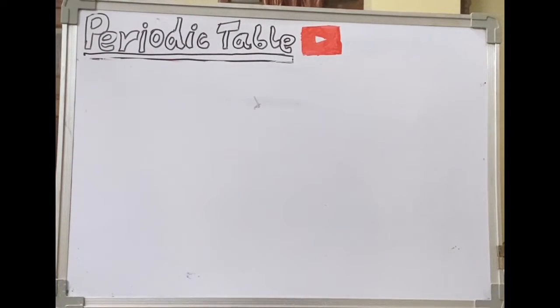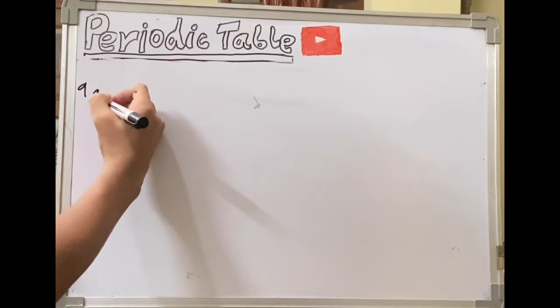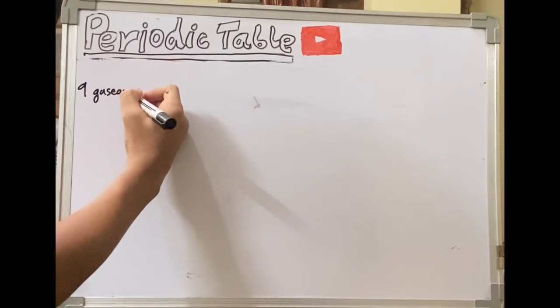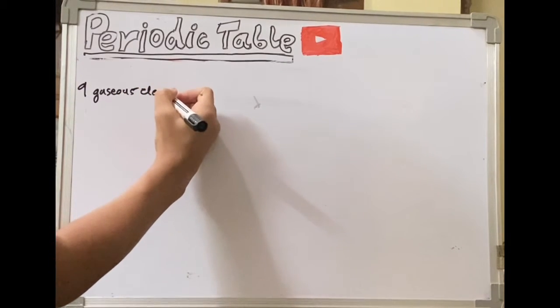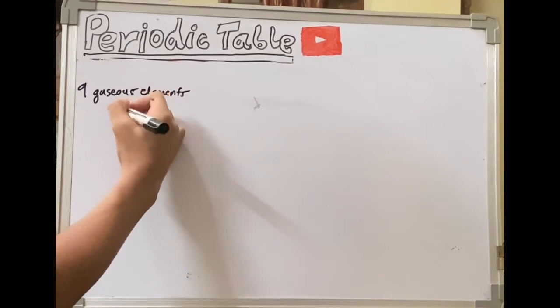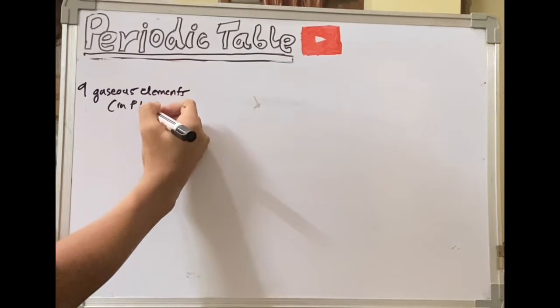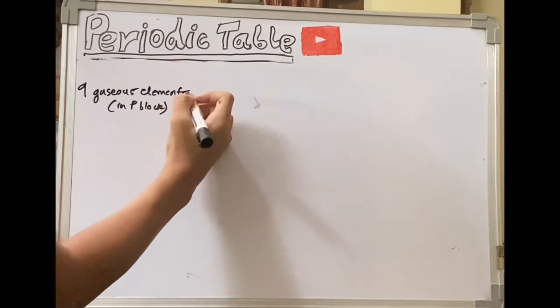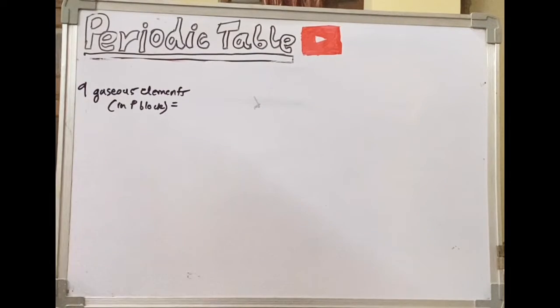Now there are some exceptions you will have to remember, like how many gaseous elements are there and then how many liquids are there. So in the p block there are 9 gaseous elements. First of all, we'll write the noble gases only.